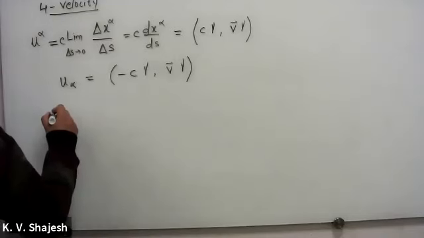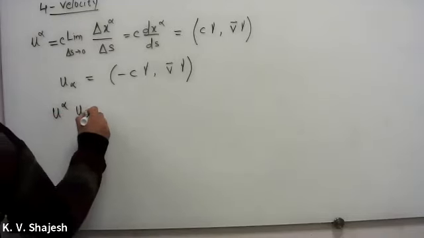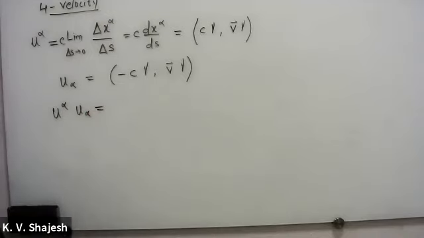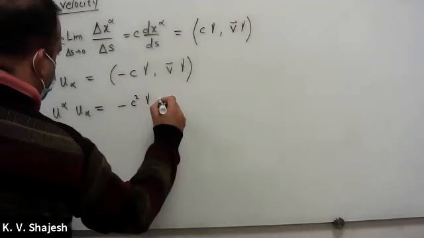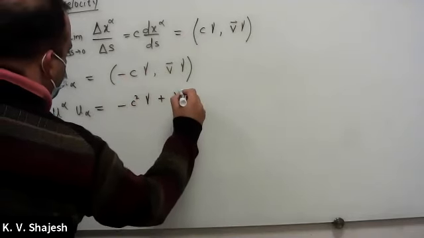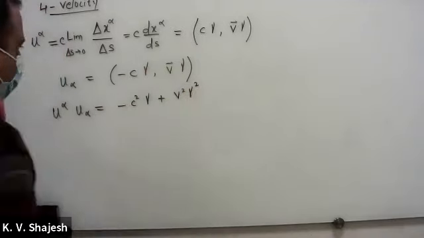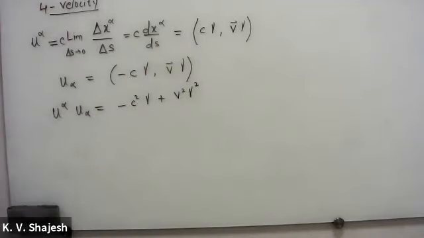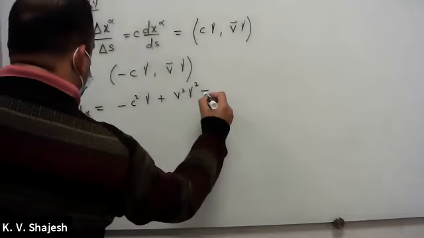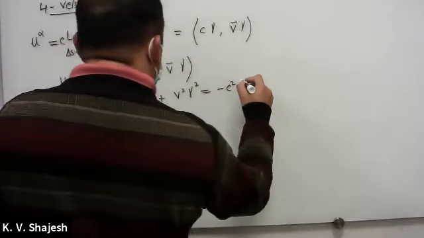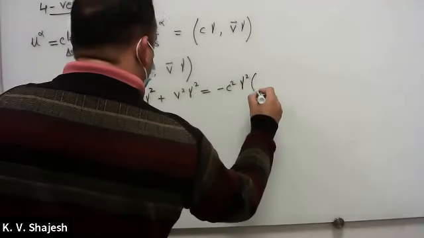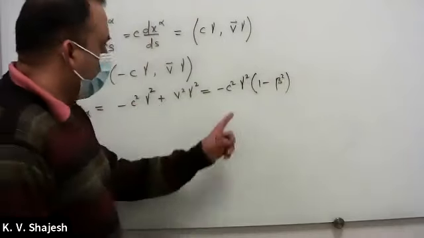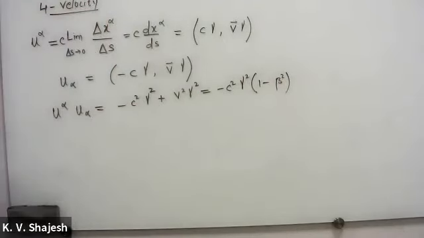So u alpha, which is expected to remain invariant. By invariant, I mean it doesn't change from frame to frame. So that's minus c squared gamma squared plus v squared gamma squared. I can take a minus c squared out, and gamma squared can also come out, so it's 1 minus beta squared, and we notice that that's exactly equal to 1.